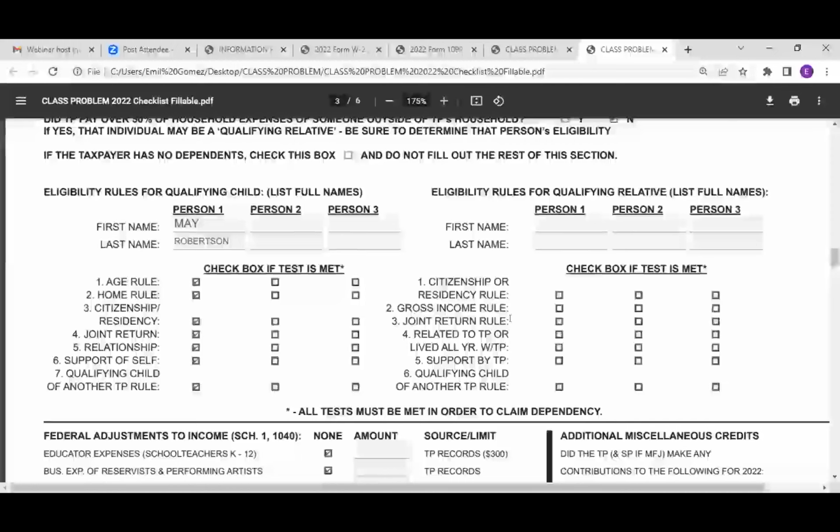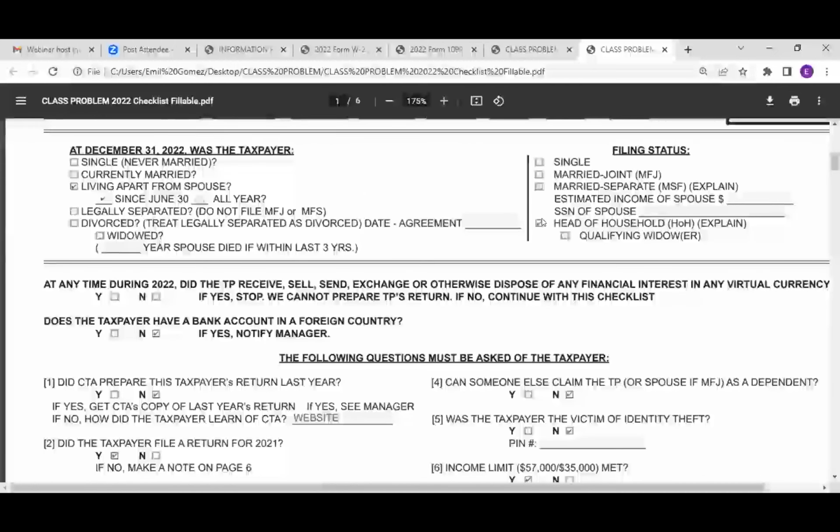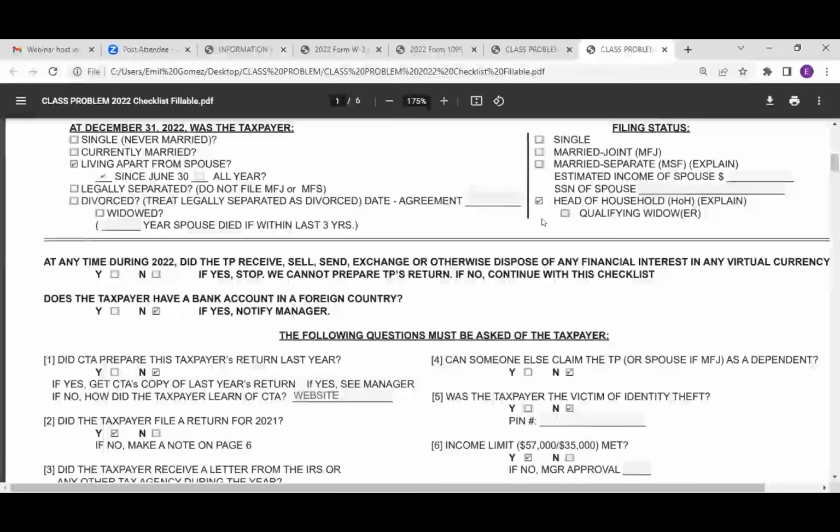If you didn't have that note and you just ticked off this box, someone like myself might have to go back and interview the taxpayer and ask questions again that you already answered. Asked and answered. As you can see, that's duplication of work. We don't want to do that. We want to make your job and my job easier. Document, document, document. Write as many notes as possible.